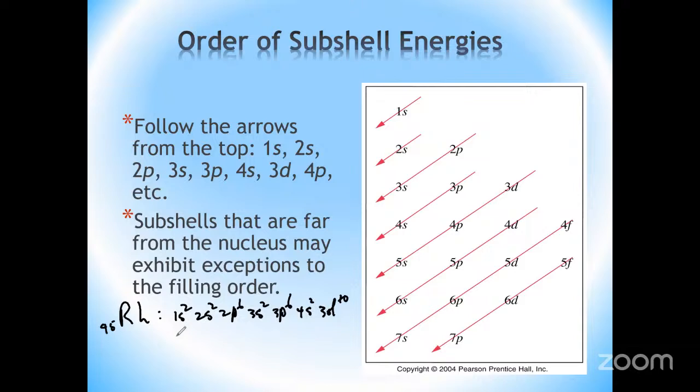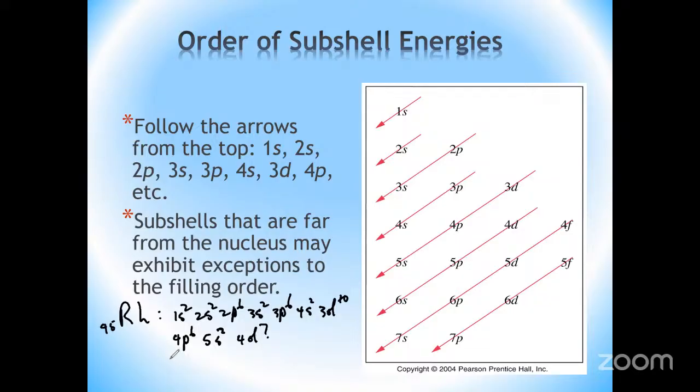And then after 3d, 4p6. So that's 36. And then after 4p, 5s2, that's 38. After 5s, you have 4d. And that will be 47, right? Let me check here. 36, 38, and 7. That would be 45, right?